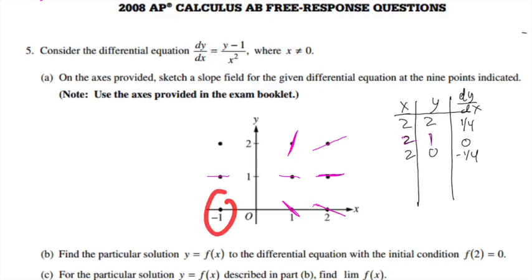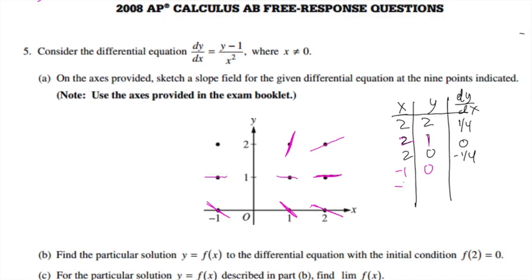If I plug in negative 1, 0, again, that's 1 on bottom and negative 1 on top, so that's a slope of negative 1. And then if I plug in negative 1, 2, that's going to give me 1 on bottom, 1 on top, so that's positive 1. And there you go. There's my slope field for those indicated points.